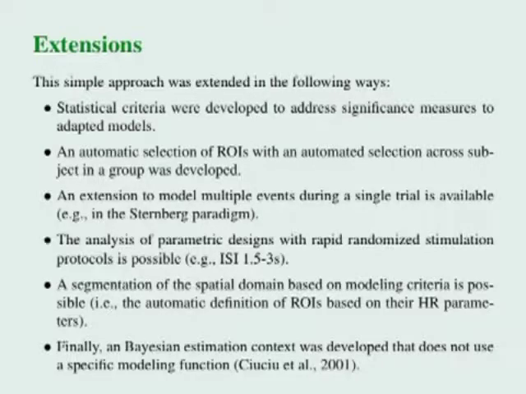Of course, this is a very simple approach, and we tried out a lot of different extensions to this simple method. First of all, you may want to have a measure of whether this modeling really does something good. So you want some goodness of fit criteria, and you can develop statistical criteria that simply tell you whether the modeling was successful or not.